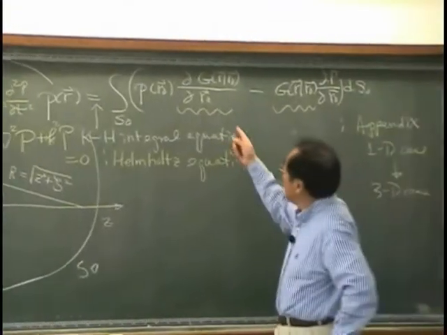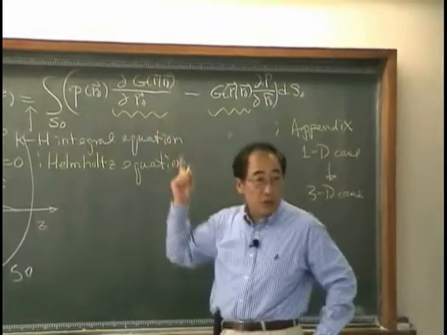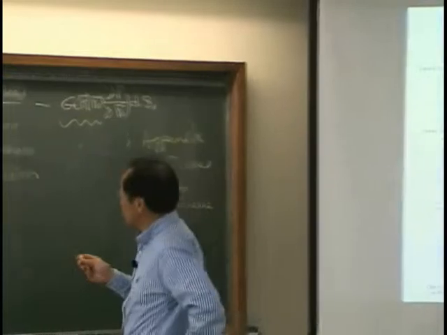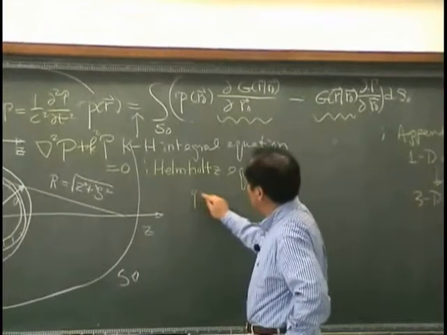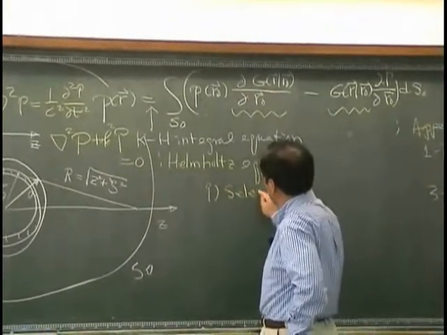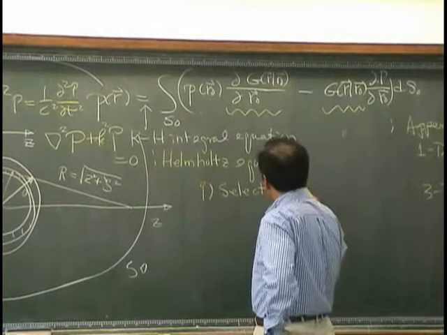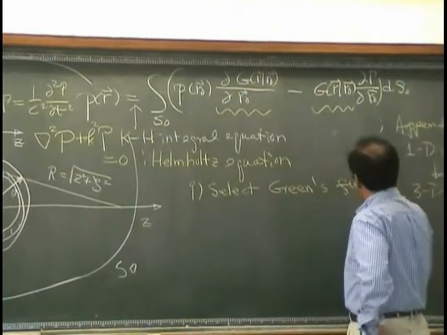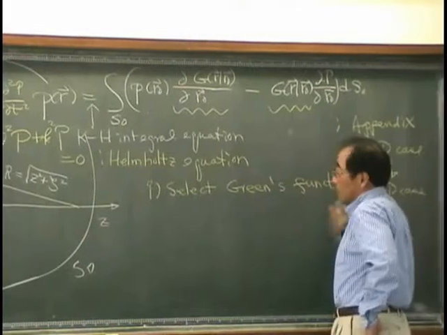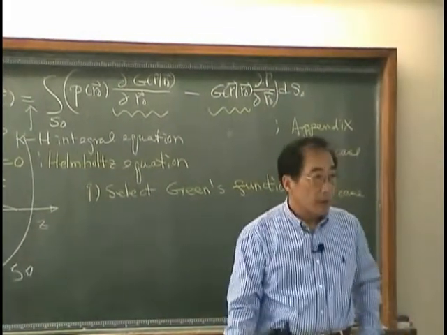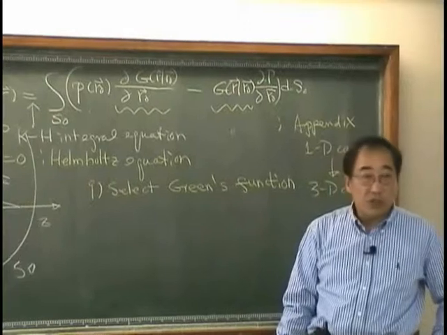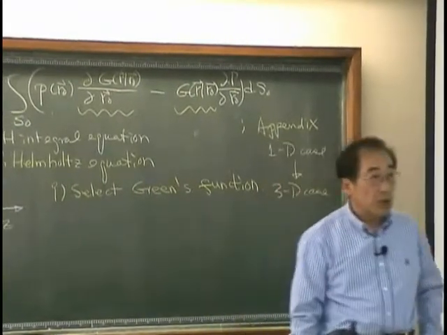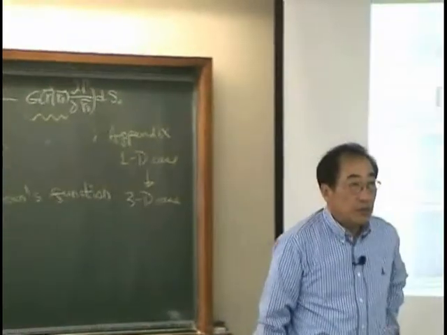First step, you have to select the Green's function. How to select the Green's function? What is the necessary condition for the selection of Green's function?